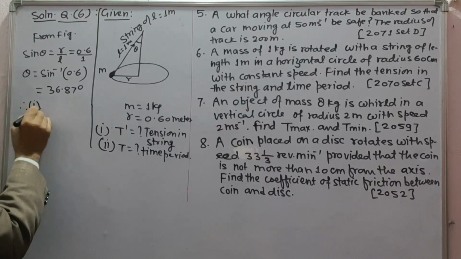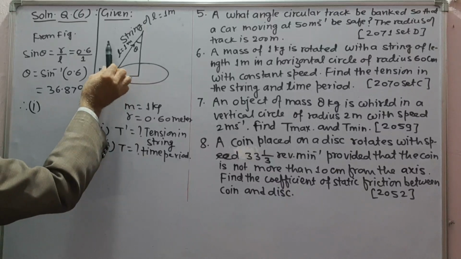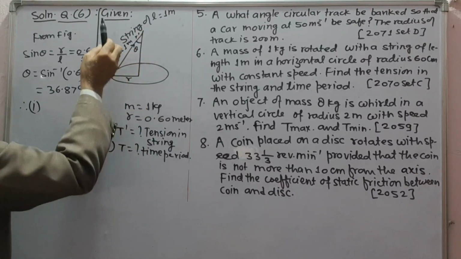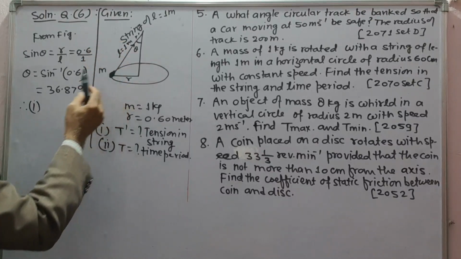Therefore, first tension, if tension is T dash, T dash cos theta will be equal to mg.